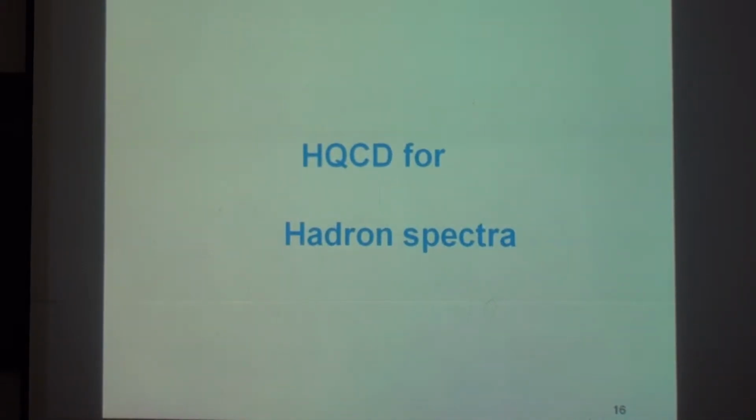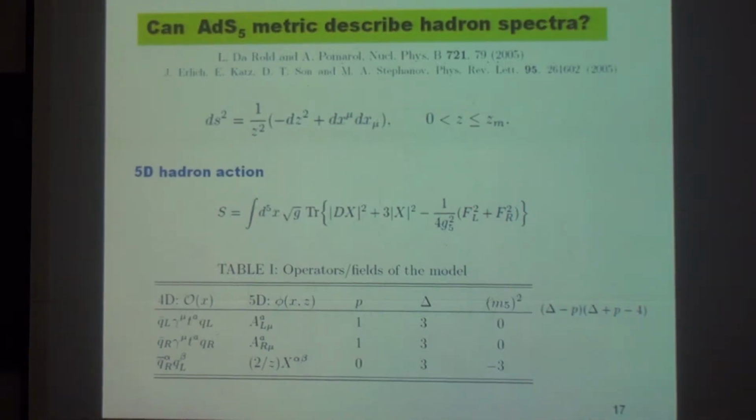I will briefly introduce a holographic QCD model for the hadron spectrum. This is very rough. People just used the AdS5 metric to see how well it describes the hadron spectrum.